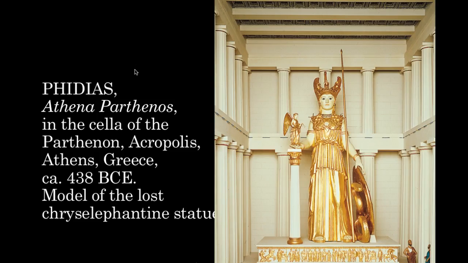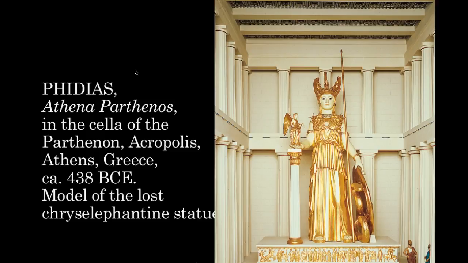So this is a recreation of the cult statue that would have been located in the Parthenon. It's the Athena Parthenos. It would have been located in the cella of the Parthenon. The purpose of temples in antiquity was generally to house the statue of the patron god or goddess.